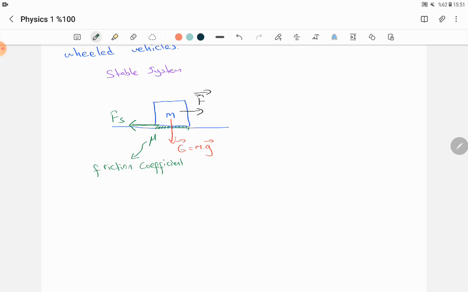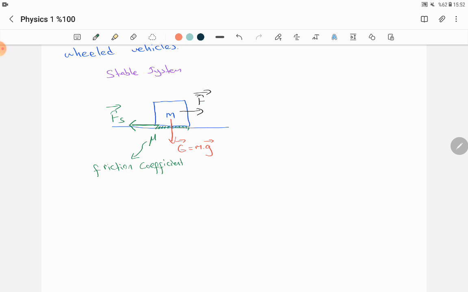The frictional force is in the opposite direction of the force. In the stable system, the frictional force is opposite in direction to the force.